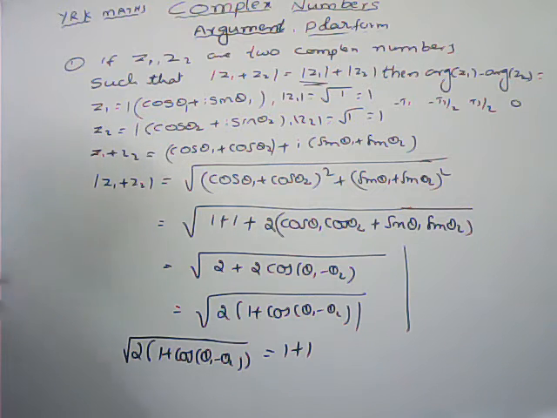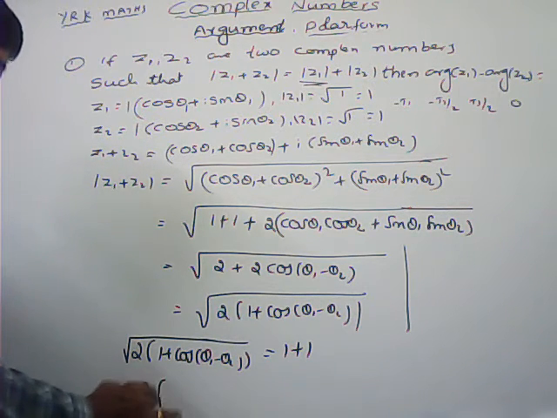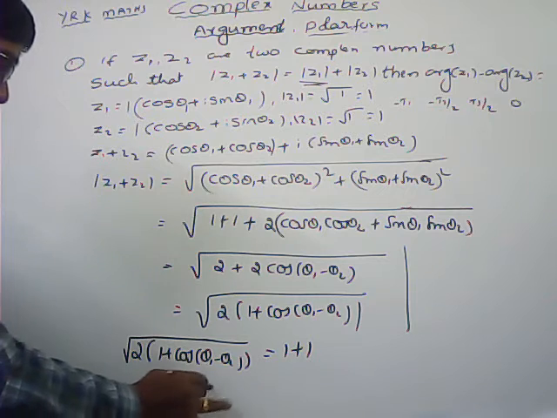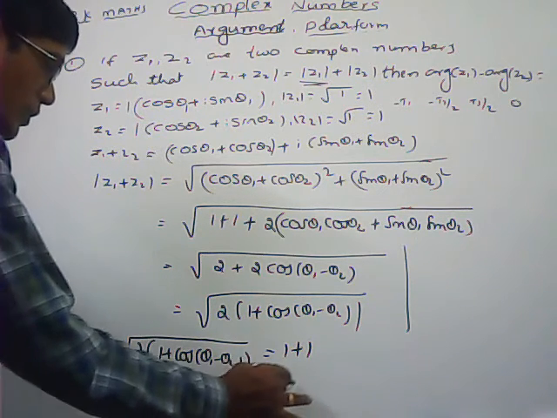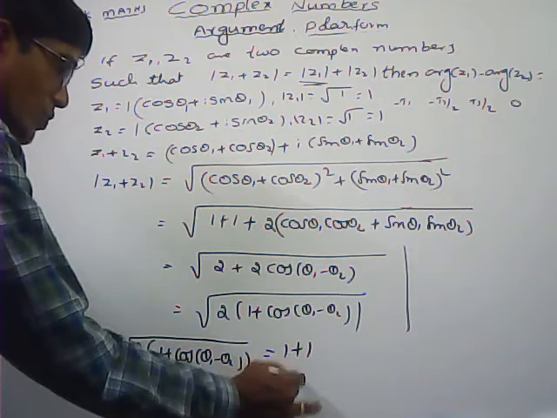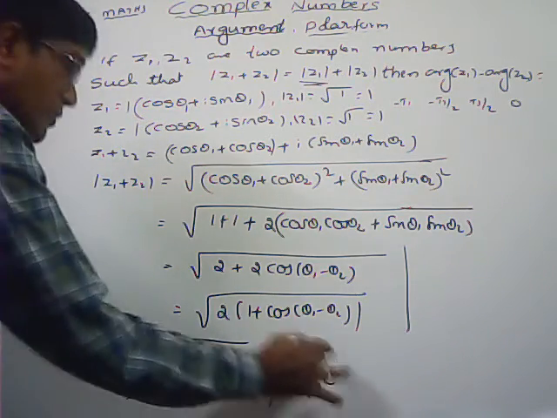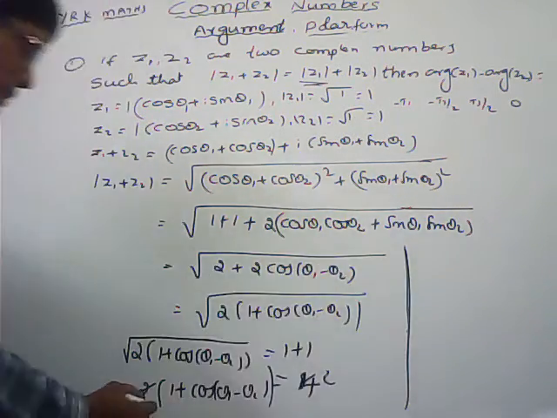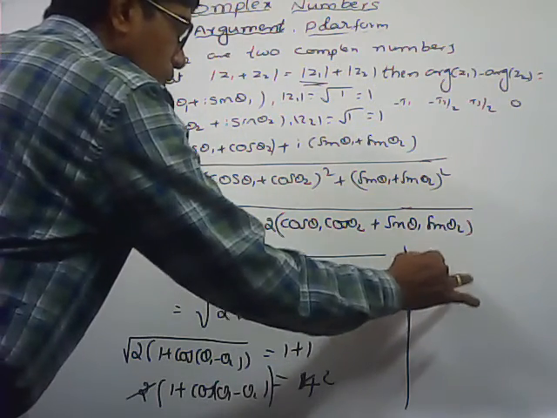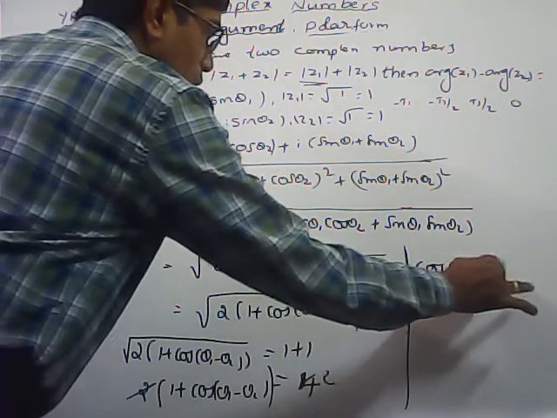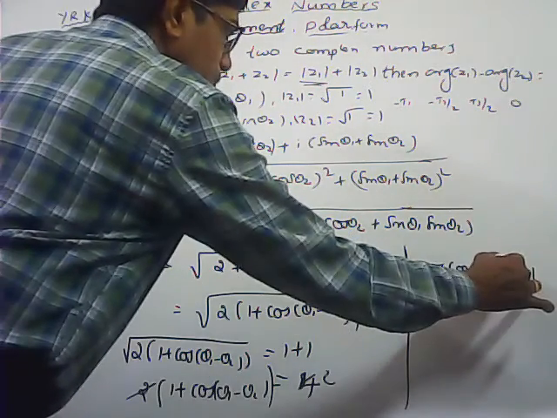By squaring on both sides: 2 into 1 plus cos of theta 1 minus theta 2 is equal to 2 square, that is 4. Dividing by 2, cos of theta 1 minus theta 2 is equal to 2 minus 1, that is 1.